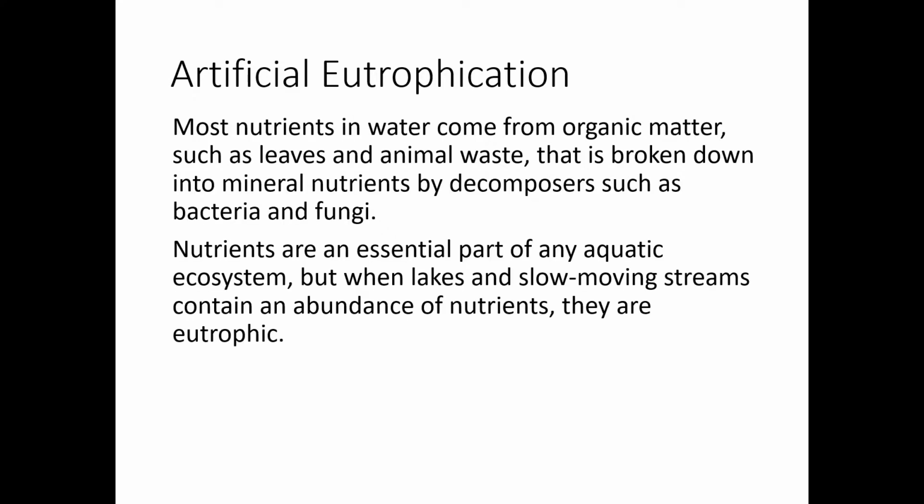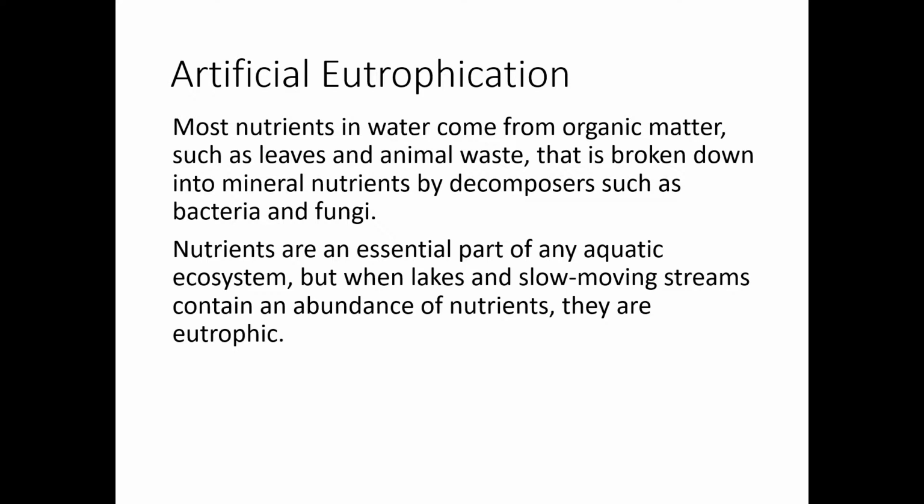Okay, so artificial eutrophication. This is something we've touched on in the first semester, and it's the idea of nutrients. So water is H2O, right? But there's other stuff in water. There's other stuff in a lake or a stream, and you have nutrients that fish and plants can feed on, and those nutrients come from organic matter.